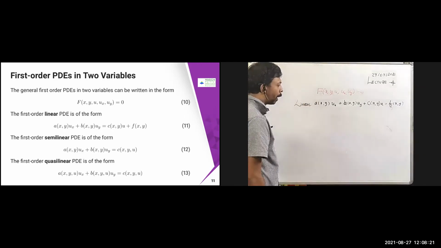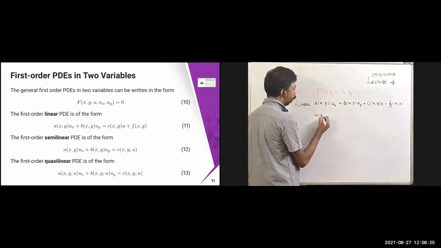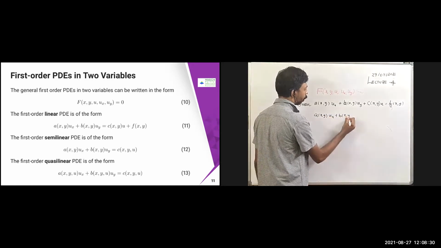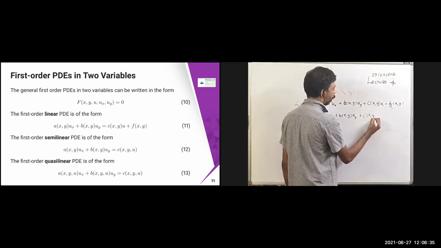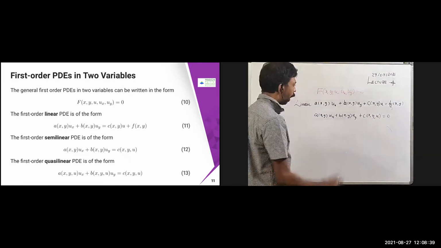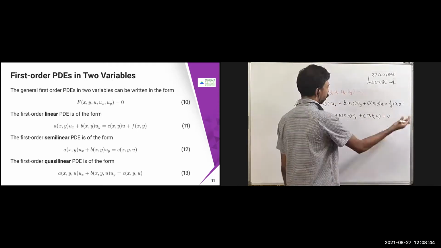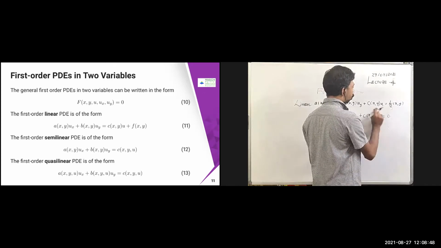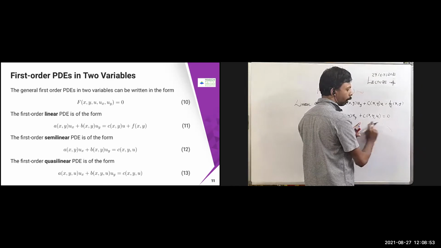Semi-linear means it is going to be of this form: a(x,y) u_x plus b(x,y) u_y plus c(x,y,u) equal to 0. You can put it on the other side, it doesn't matter, because this is just a function. Either you put it this side or that side doesn't matter. Here you remember that I'm just combining these two together, so it can be a function of u, and both the things can be there.